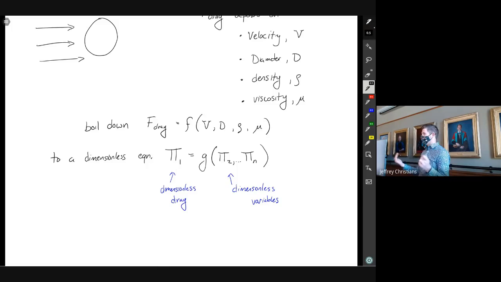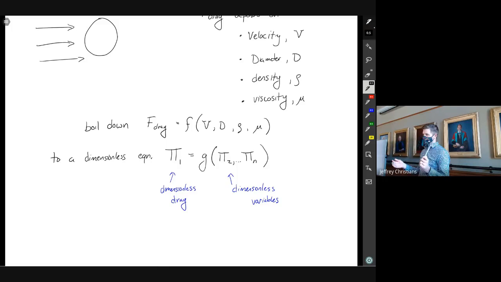Before there are 5 variables: drag force depending on 4 other things. So hopefully after we go through this, there are fewer than 5 things. Like maybe we get 1 thing depending on 2 other things instead of depending on 4, for example. So we're trying to boil it down so that there are fewer moving pieces, fewer variables in the system.